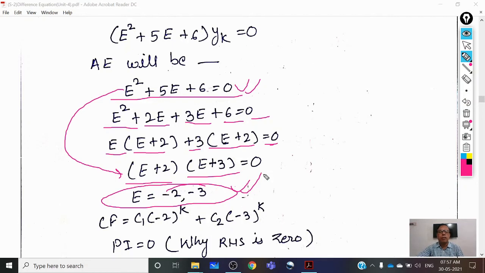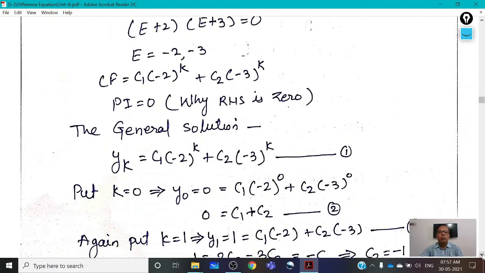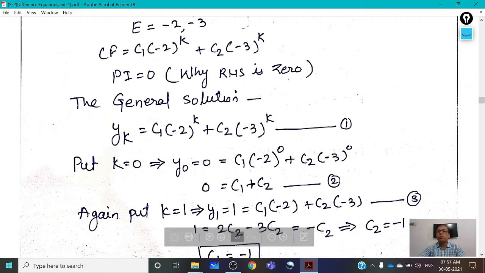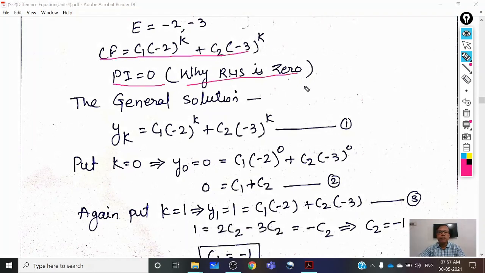The nature of the roots is real and unequal. So CF is C1 (minus 2) power k plus C2 (minus 3) power k. Phi(x), the right hand side, is 0. So the general solution is yk equal to C1 (minus 2) power k plus C2 (minus 3) power k.